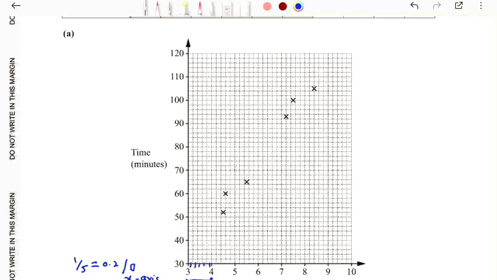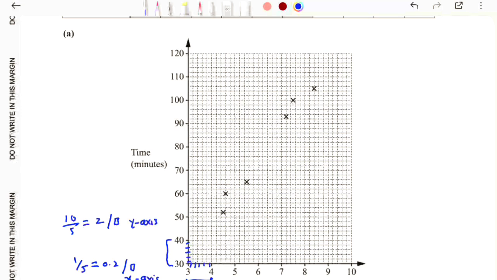So the measurement of one box on x-axis is 0.2. Now see the y-axis. Just see the difference, that is 10. 10 divided by number of boxes 1, 2, 3, 4 and 5 is equal to 2. 2 units for one box on y-axis.